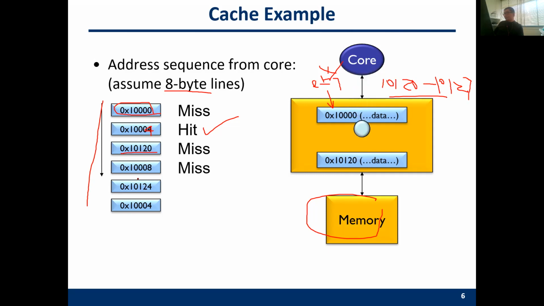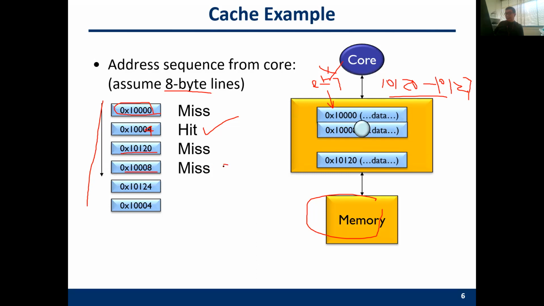So for the fourth request, we have a miss because this number is larger than this range. So we fetch another 8 bytes.